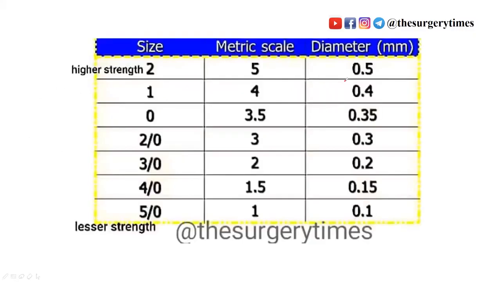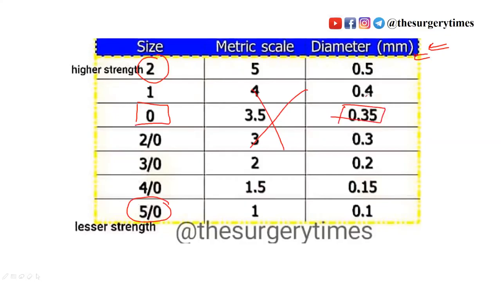Now next one: in 1 or 2 exams they asked about the diameter, hence I put it here. As we know, this is the high tensile strength and this is the least tensile strength in the given table. You should not remember all this, only remember this one. This one is 0, so remember 0 is 0.35 mm diameter.